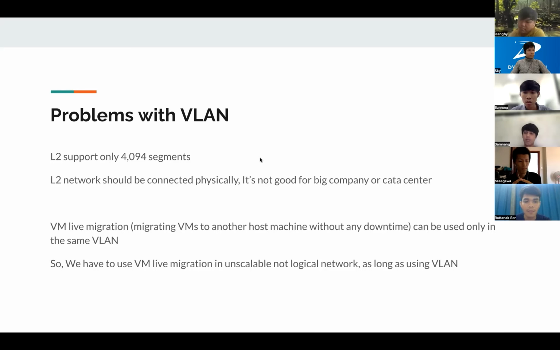If live migration is possible without downtime, it means we don't need to change the virtual machine's IP address. Even though the IP address of server A is very different from server B, we don't need to change the virtual machine because they are in the same virtual L2 segment.